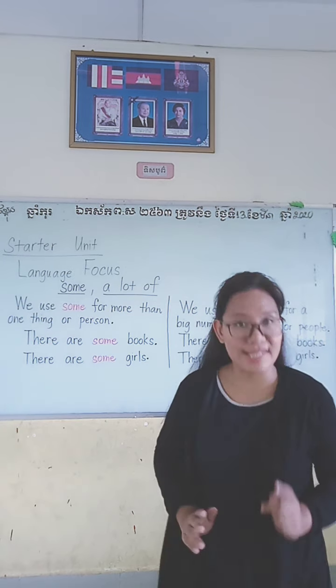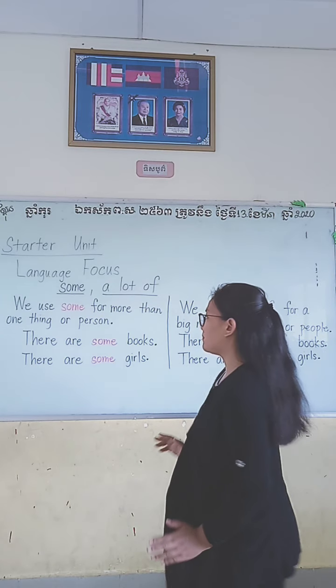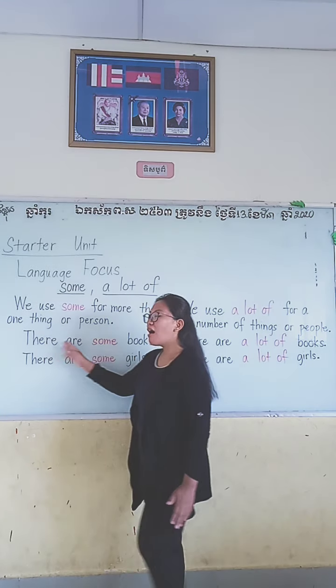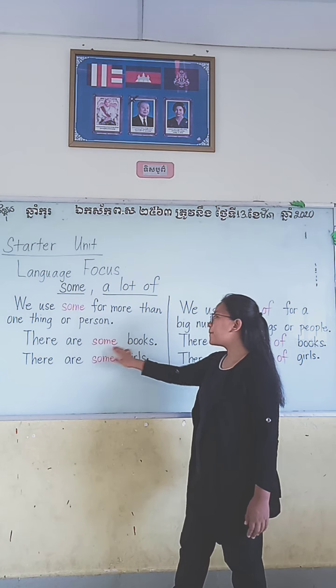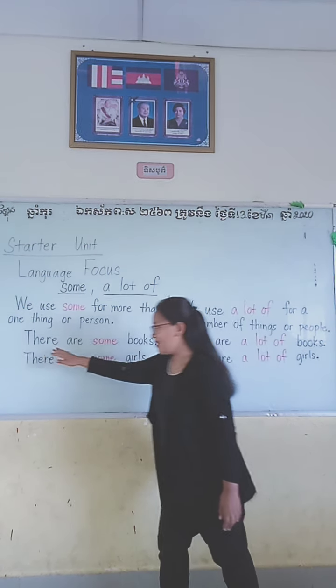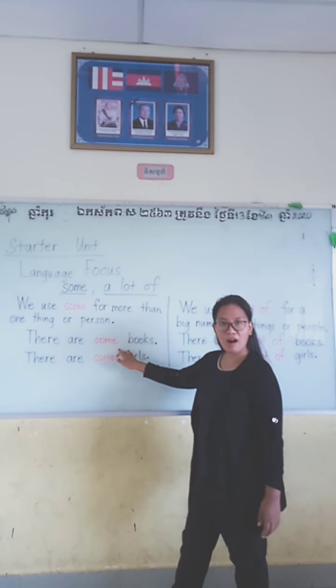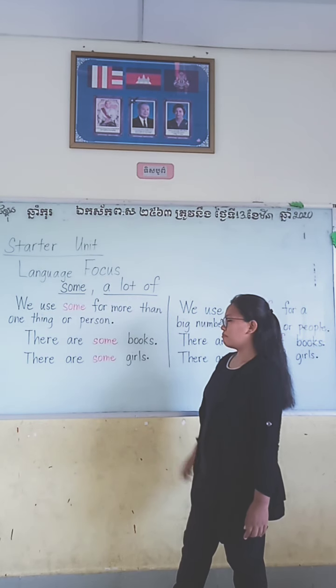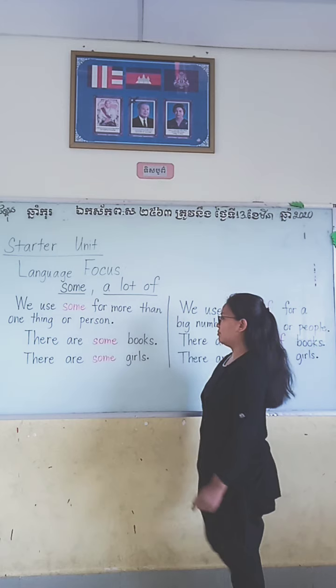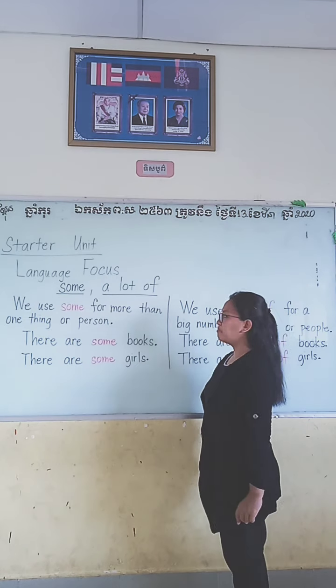Now, what are the examples? Let's see. There are some books. Maybe one or two. No, it cannot be one.